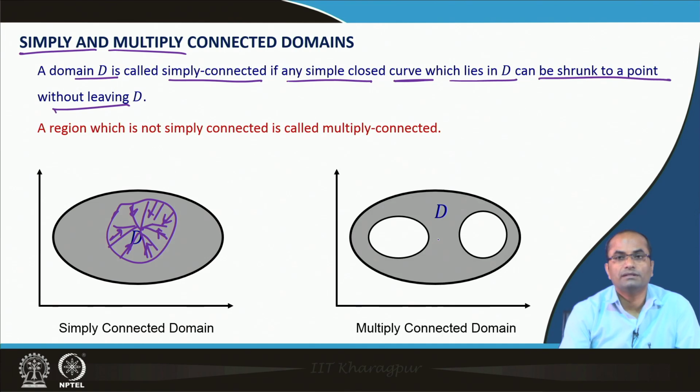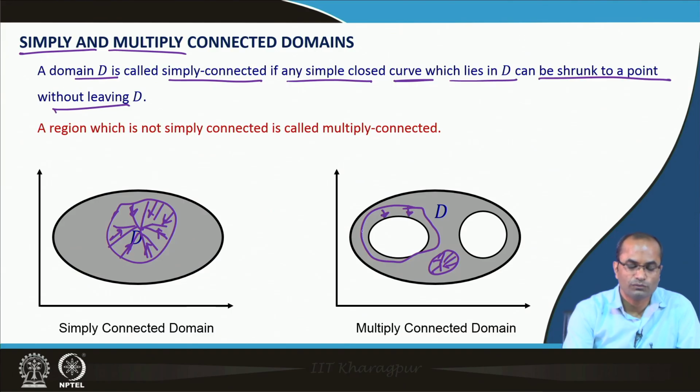and for instance here all curves cannot have this property. If you take this one, okay, this can be shrunk to a point without leaving the domain, but if I take for instance this curve here and try to shrink it to one point, this is not possible because this is not a part of the domain.